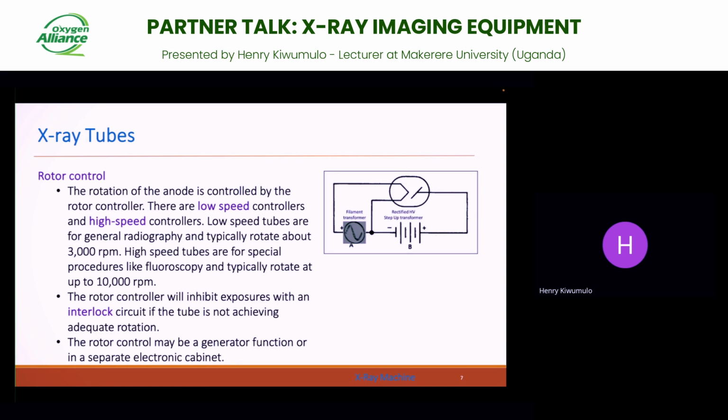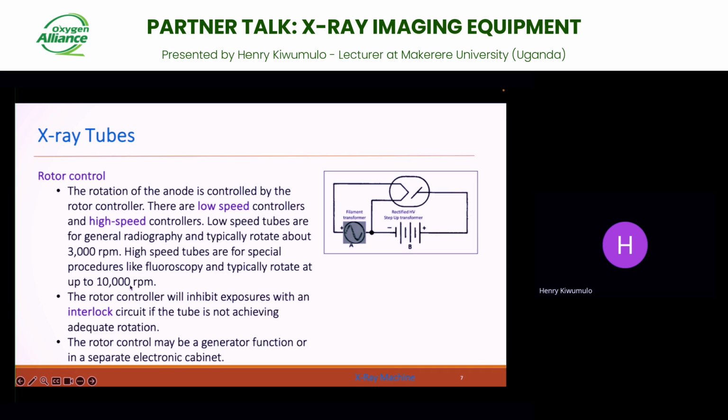And this rotor has different speeds of rotation. So there are low-speed controllers, and then, of course, high-speed controllers. These low-speed tubes are normally for general radiography, like the chest, or simple radiography. And these can go up to around 3,000 RPM.